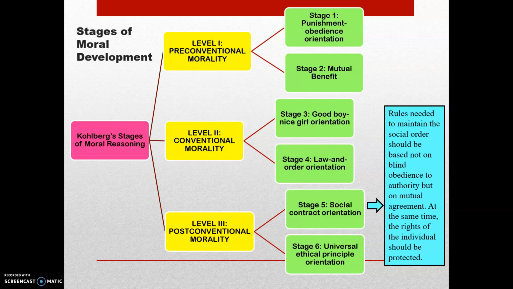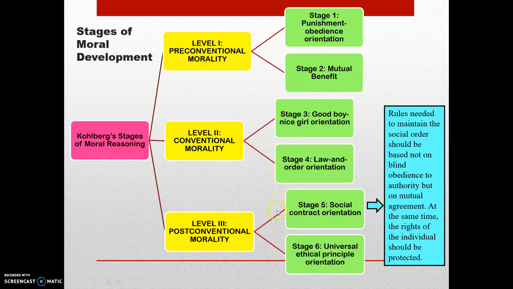Let's say, for example, in the family, the rule of the mother and father is that the child should observe a curfew. The child should come home at like 6 p.m. Why does the child follow the rule? Because he or she knows that it is for his or her own good, to avoid accidents, to avoid kidnapping, and so on and so forth. So there is social contract orientation.